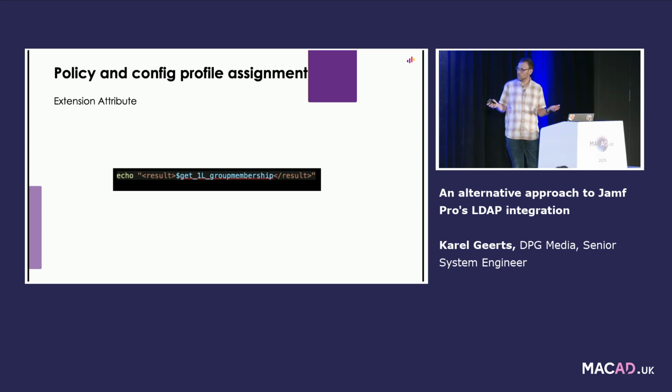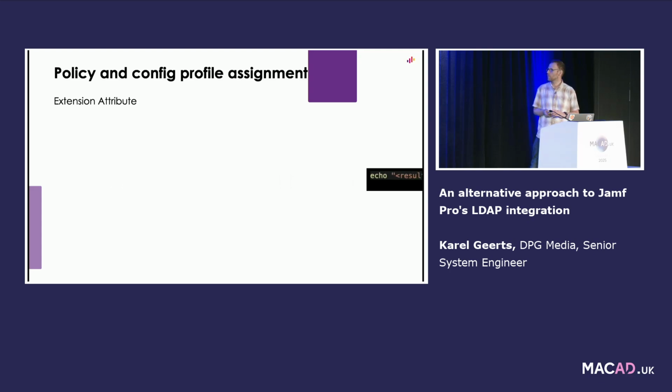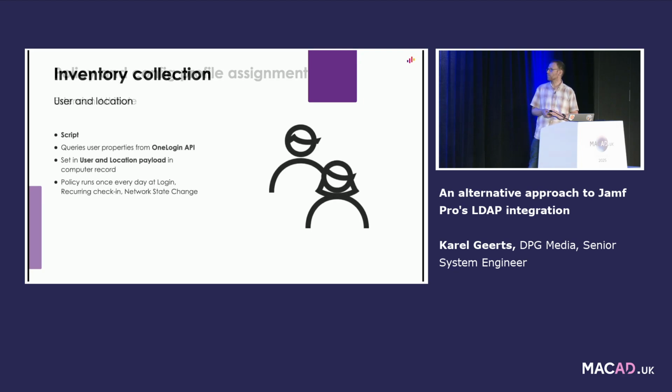This results in a variable which includes all the group membership. And that is then, at the inventory update, uploaded to the inventory of the device and shown in the computer record.